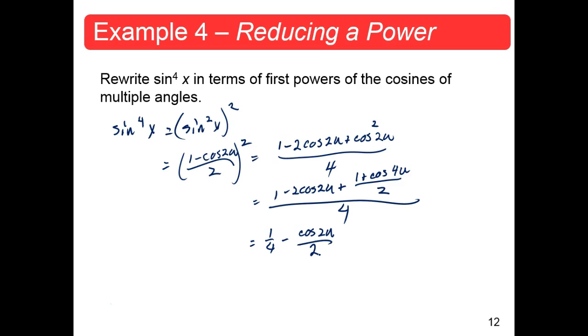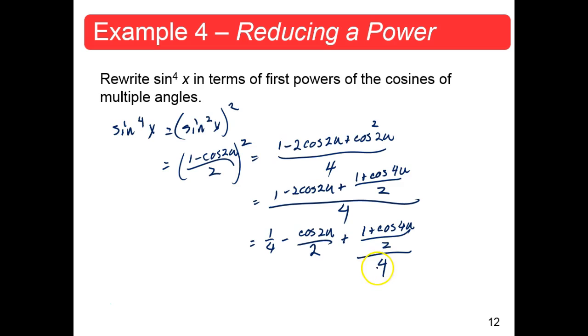It's just minus this over 4, the 2 that goes up, that 2 cosine 2u. Now, this next part is going to take a little bit of effort. Plus, what you have here is 1 plus cosine 4u over 2 over 4, right?